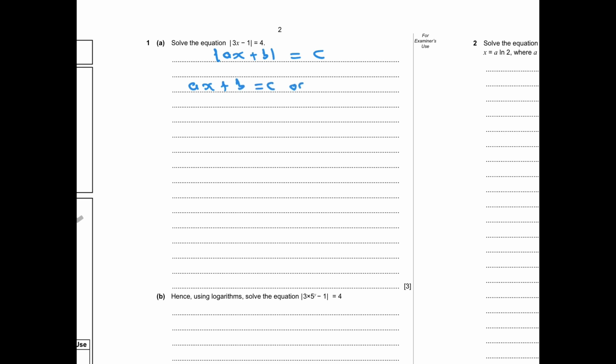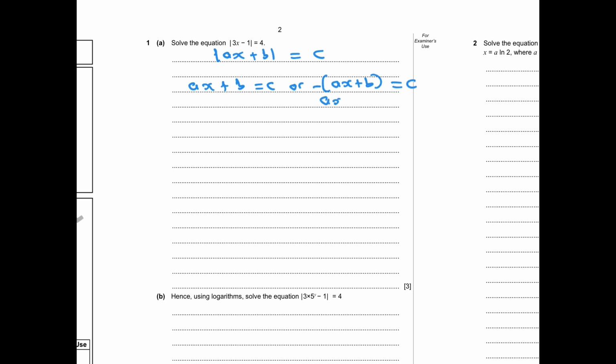Now that's for the positive. What about if we consider that to be negative? What is it going to be? It's going to be the negative of this is equal to c. So I'm going to say here in brackets negative ax plus b is equal to c. All right. So if we divide both sides by negative, what are we going to get here?